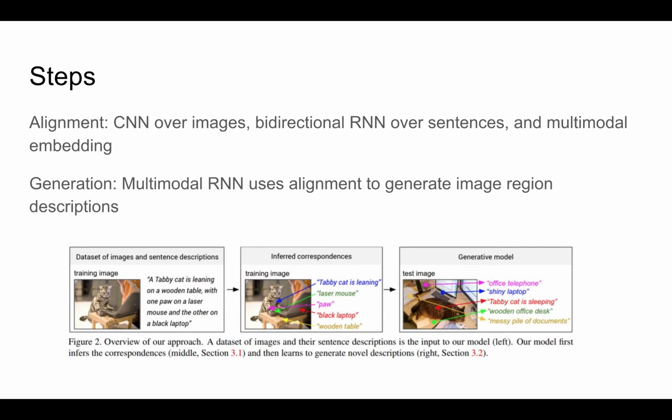What is a multimodal embedding, I guess, is the question. I'm not totally sure. They're embedded in the same latent space so that you can take similarities between them. Yeah. Cool.